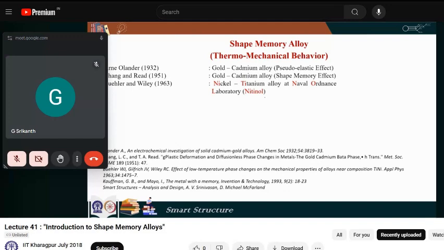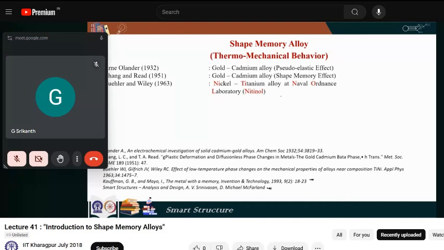Now there is a nice history given by Kaufman and Mayo in this article, and that is also presented in the book by Srinivasan and McFadden, of how this material was invented. Buehler was a metallurgist at the Naval Ordnance Laboratory, and he was looking for potential good materials for use in the cone of a missile.